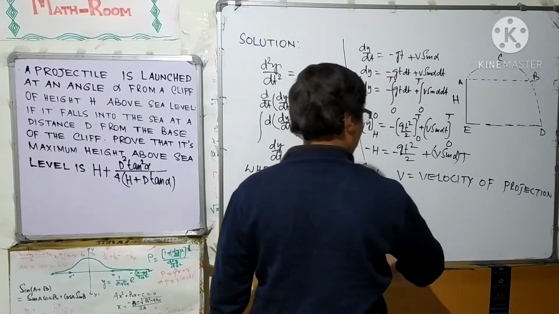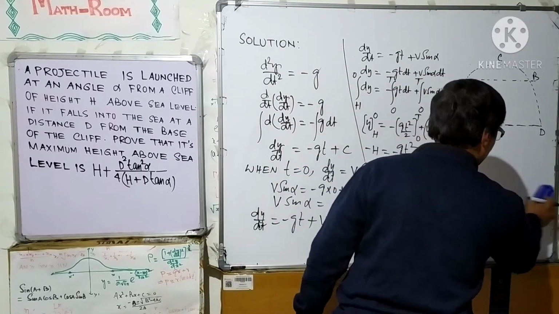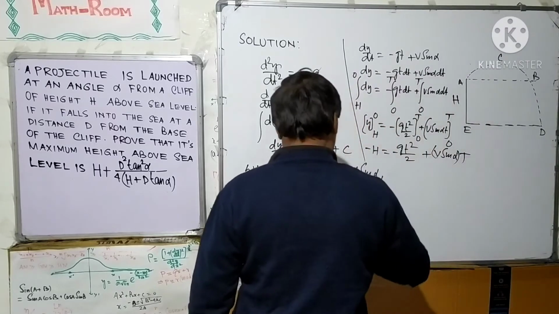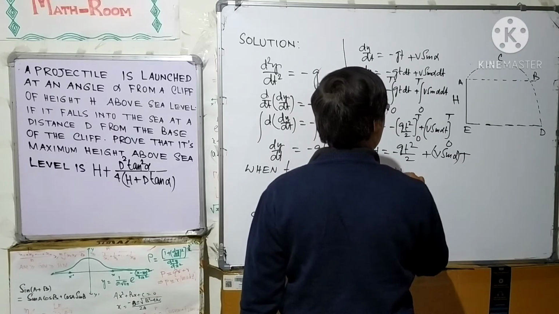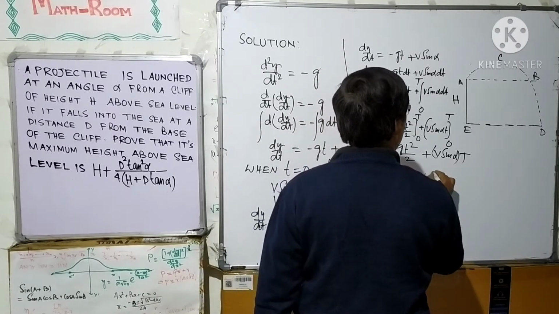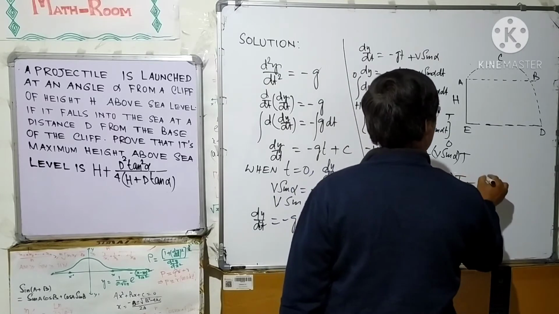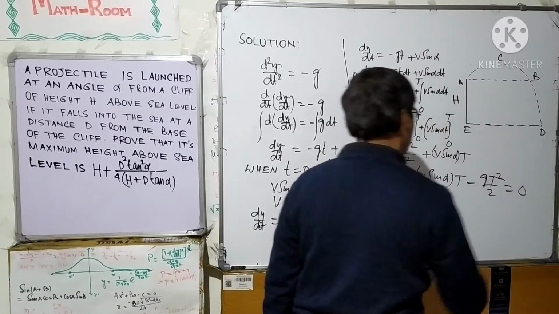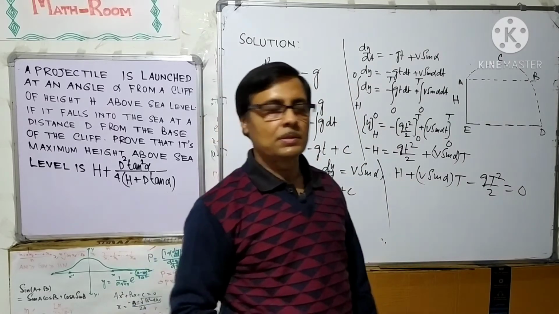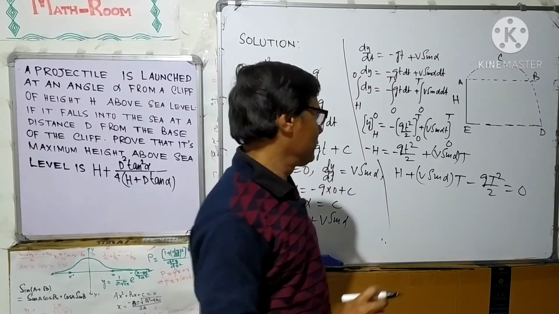So we have H plus v sin alpha into t minus g t square over 2 equal to 0.